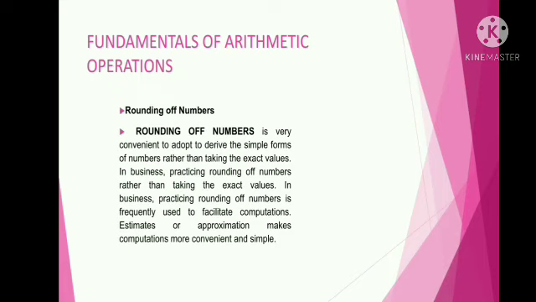So rounding means making a number simpler but keeping its value close to what it was. The result is less accurate but easier to use. For example, 73 rounded to the nearest 10 is 70 because 73 is closer to 70 than to 80.